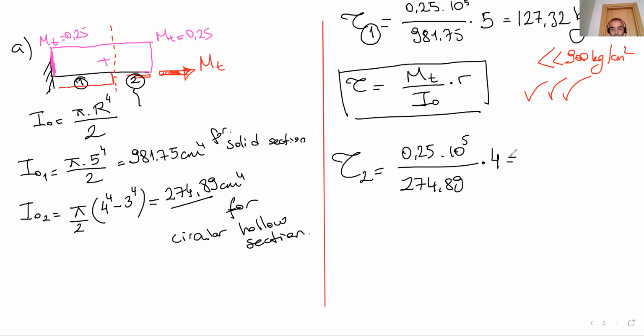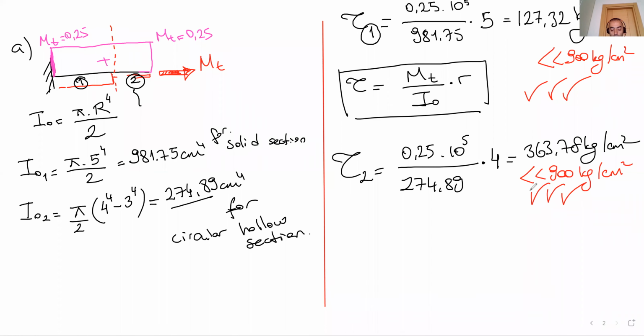If you make this calculation, you are going to have, let me see, a result which is also less than 900 kilogram per centimeter squared. Okay, our section works for this given moment. This is A.